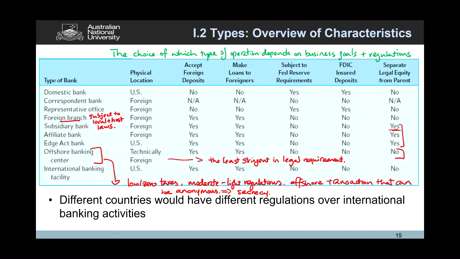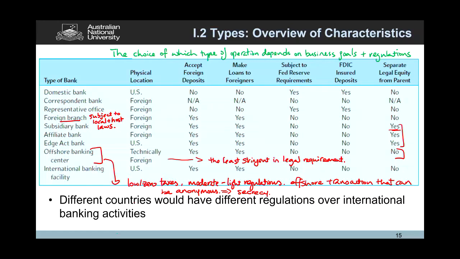It increases your cost. Because how do the FDIC, the Federal Deposit Insurance Corporation in the US or in other countries, how are they able to offer you insurance in deposits? It comes from the fees that are paid by all the member banks, right?